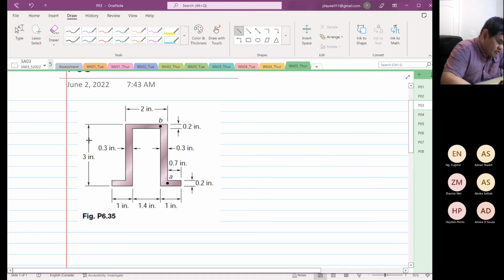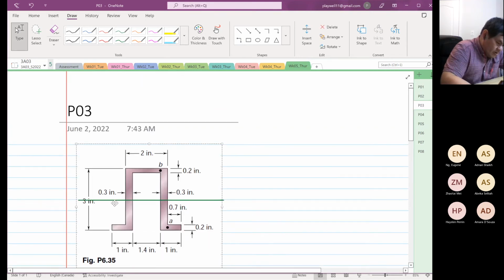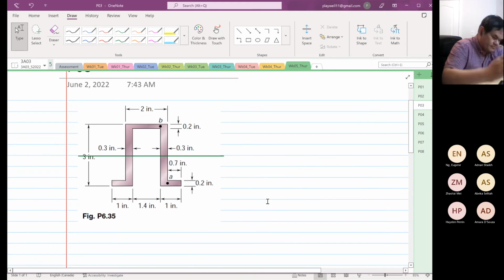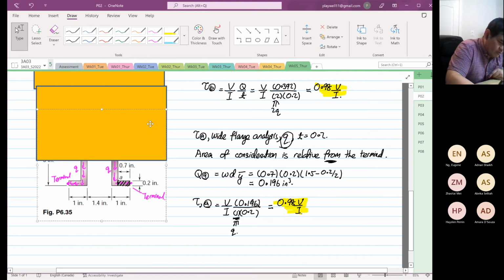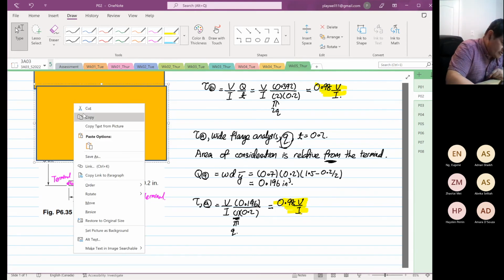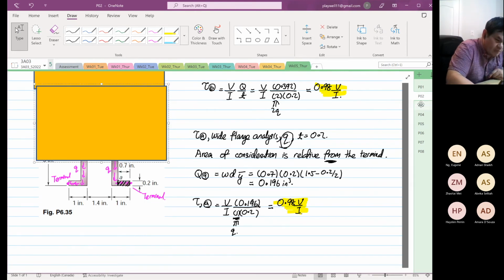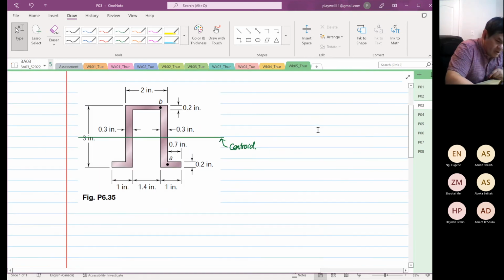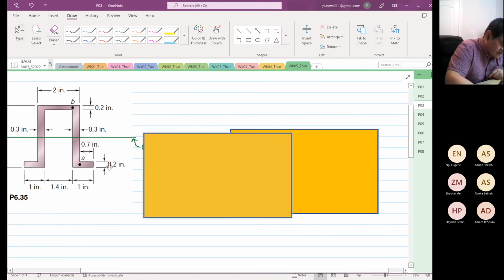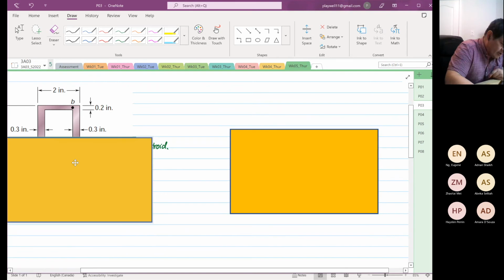Okay, so this is our centroid. So I'm going to show 2 ways of doing this. We can use either the top or the bottom. If the analysis is done correctly, the answer should be the same.